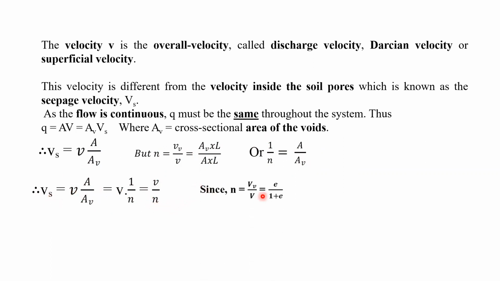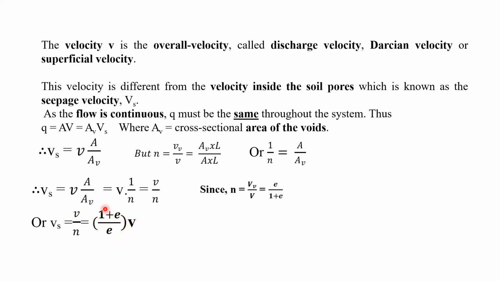But also we know n is equal to e by 1 plus e. This also we know, volume of void by total volume. This we have already discussed in Unit 1, soil as a three-phase system. So further we can write vs is equal to v by n, that is, (1 plus e) by e into v.